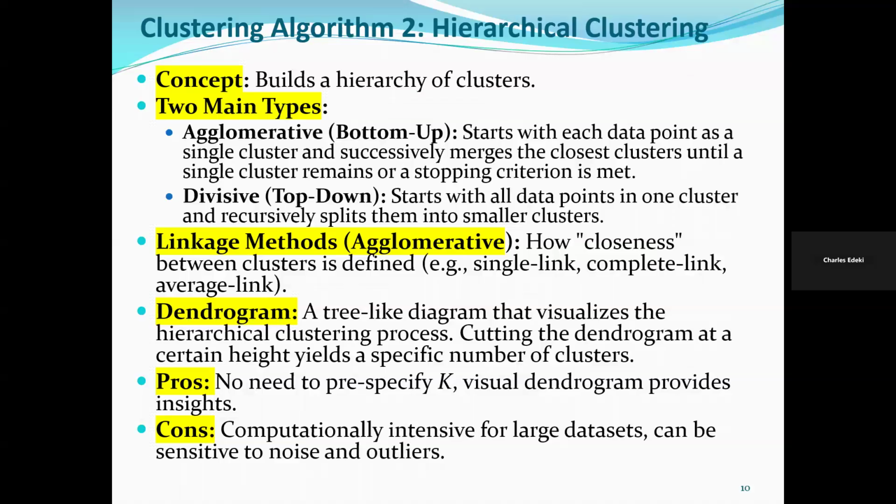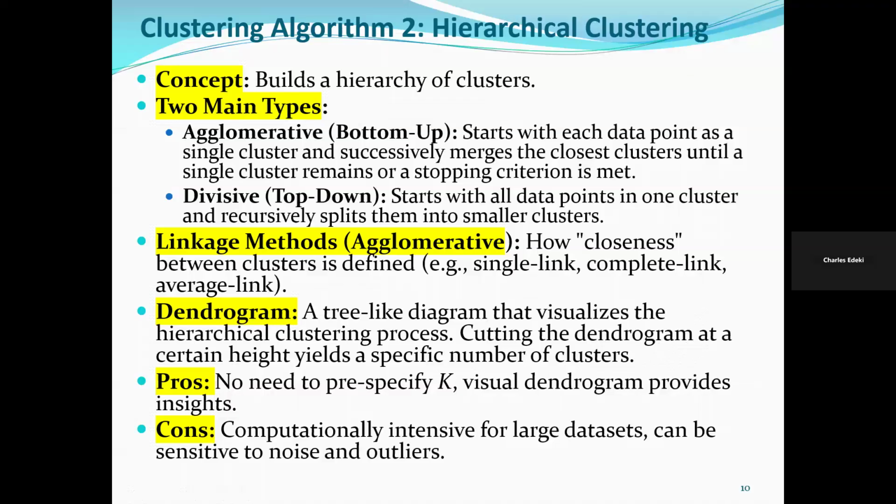Normally the y-axis represents the distance, or dissimilarity, at which clusters are merged. Now, to obtain a specific number of clusters, we can cut the dendrogram horizontally at a certain distance level. It's up to us. Cutting the dendrogram at a certain height will yield a specific number of clusters for us.